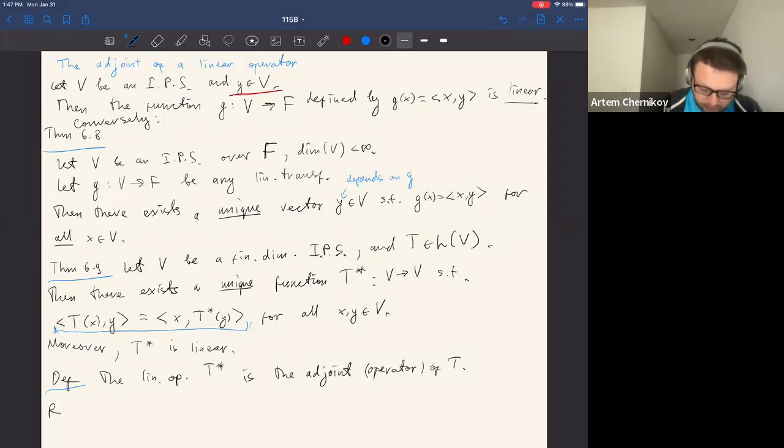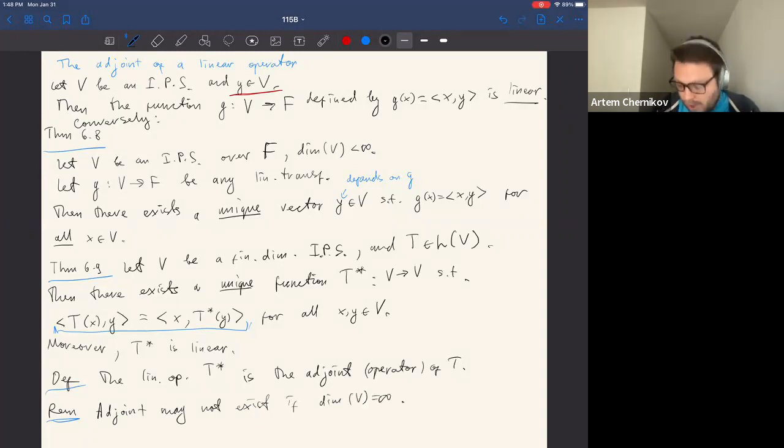A remark here, again, about the importance of finite dimensionality. As the theorem says, every linear operator on a finite dimensional inner product space has an adjoint. So the adjoint may not exist if the dimension of V is infinite.